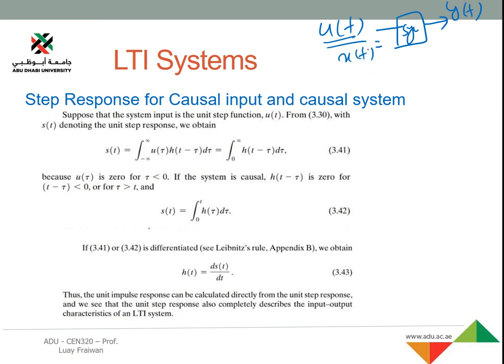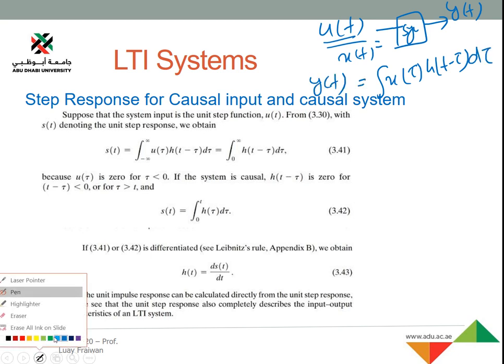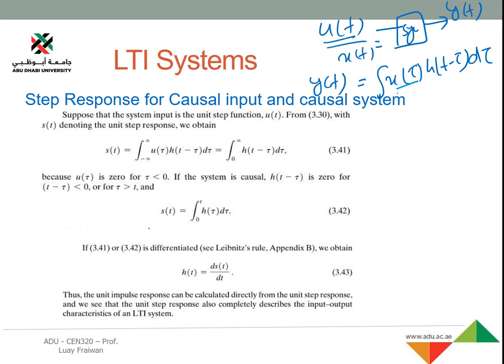And in the convolution form, we know that we can write this as x of tau into the shifted impulse response, into d tau, and this is my output in convolution form. Now what is actually happening here? This is a unit step, so this will become u of tau times h of t minus tau into d tau.